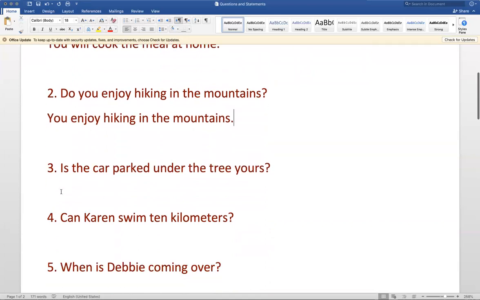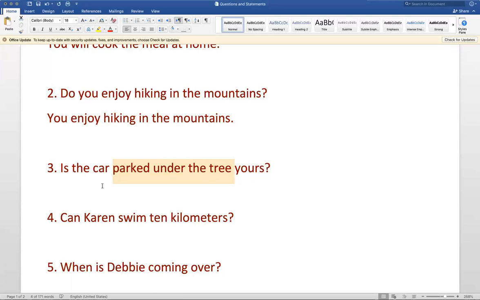Okay, this next one, it says, is the car parked under the tree yours? Now this part right here, the parked under the tree, is just telling us more about the car. It's specifying which car we're talking about.